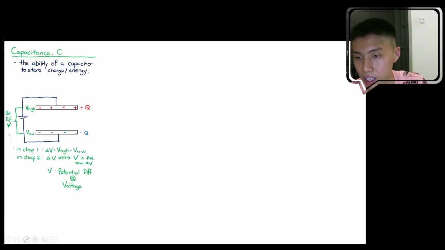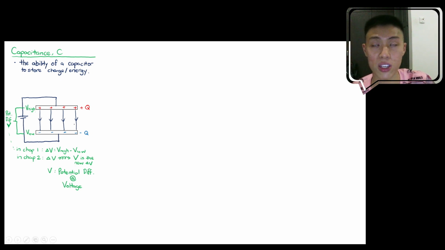So right now, there's an electric field being formed inside. This is the same story, I'm just highlighting the idea of potential difference. Right now it's called V, no longer delta V.